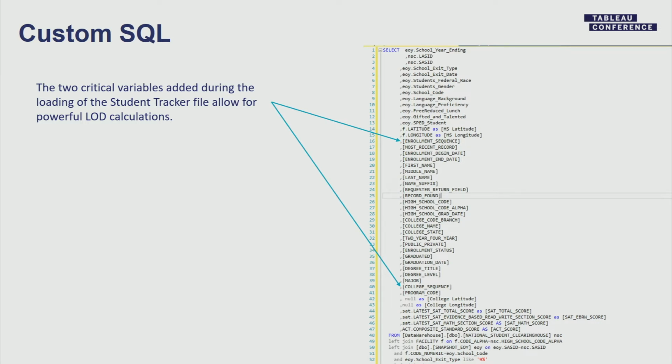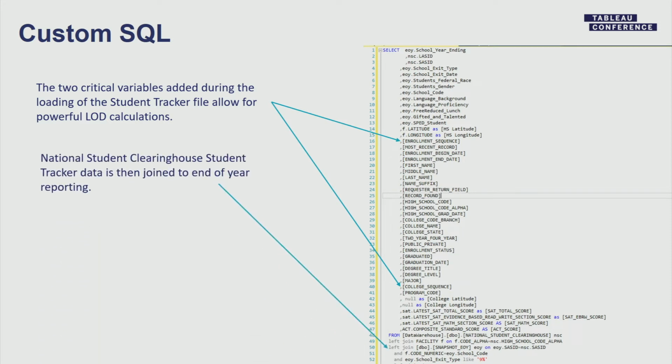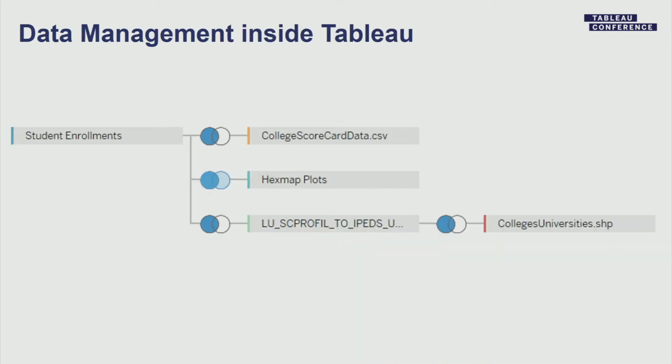And this one actually comes from the National Student Clearinghouse. And then you can see I just join in the National Student Clearinghouse tracker data to the end of year reporting. I'm sure there are folks from other states, and you probably have some sort of end of year reporting that's required by your state department and the federal government.